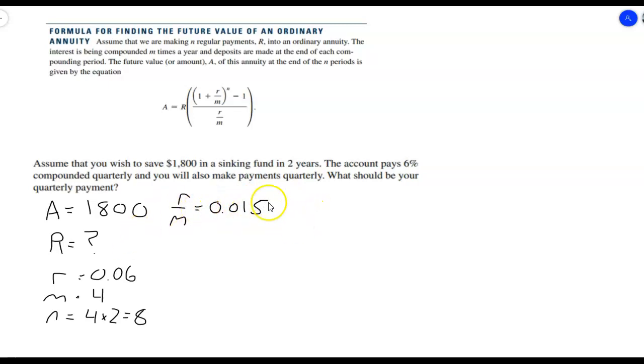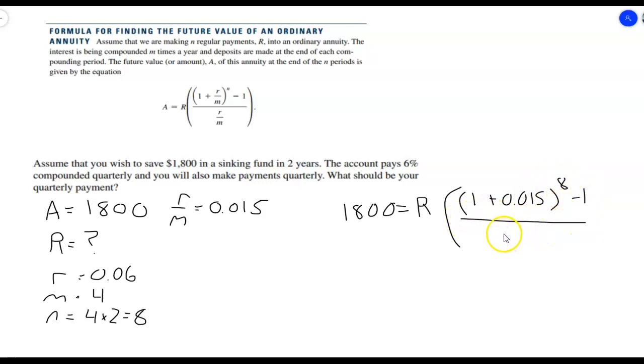All right, so let's put all this in, and then we're going to end up solving for R. So A, which is 1,800, is going to be equal to R times 1 plus 0.015 raised to the 8th power minus 1, all over 0.015.